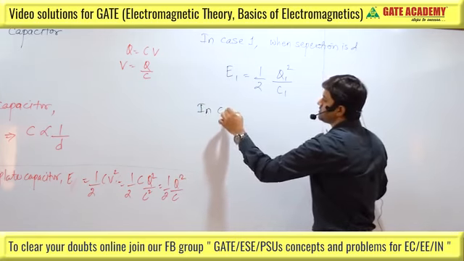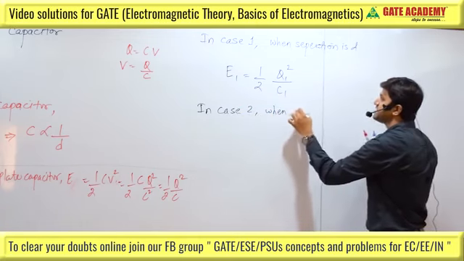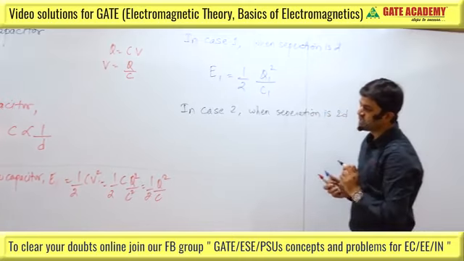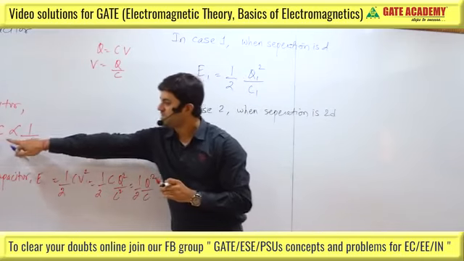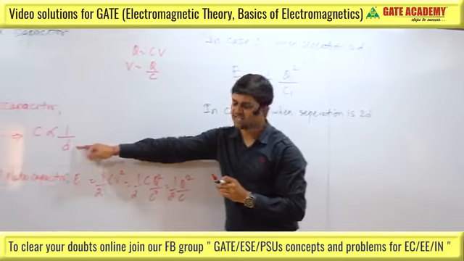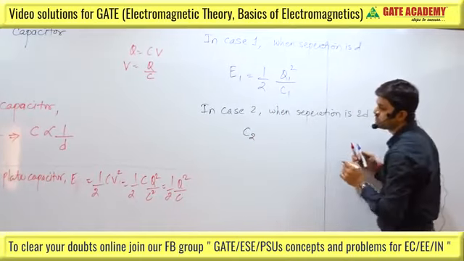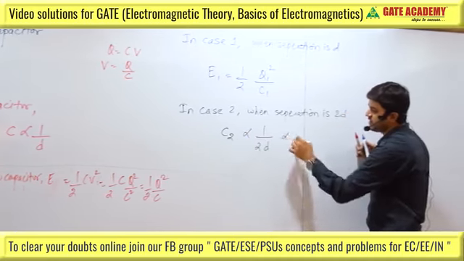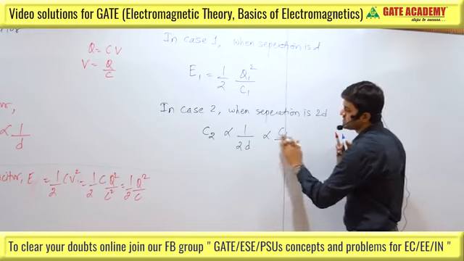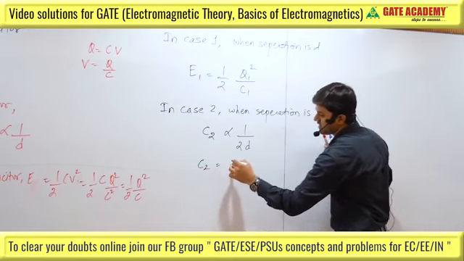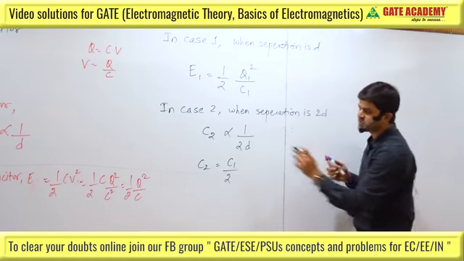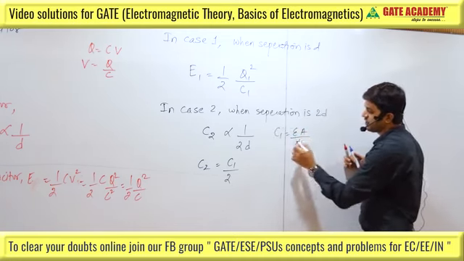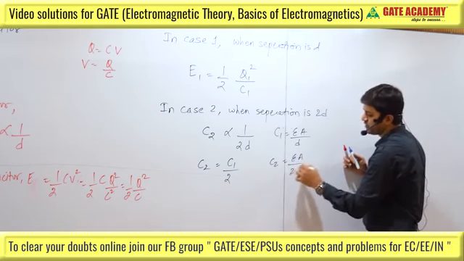Now in case 2, when the separation is 2D, from this expression we know that the capacitance is inversely proportional to distance. So C2 will be inversely proportional to 2D, or we can write C2 is C1 upon 2, because C1 is epsilon A by D, and now C2 is epsilon A upon 2D.